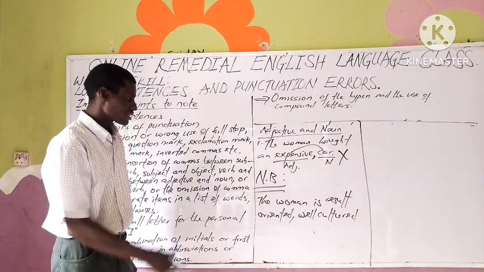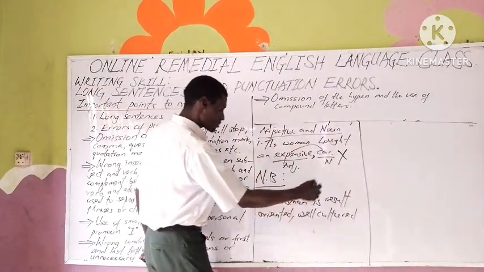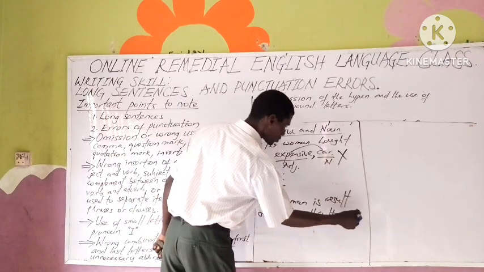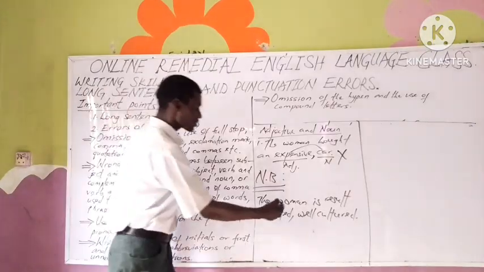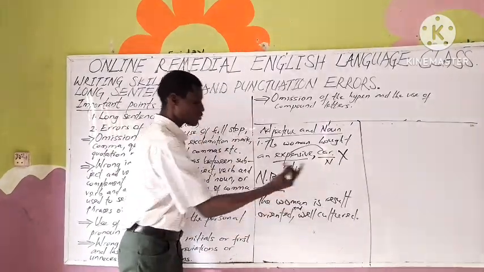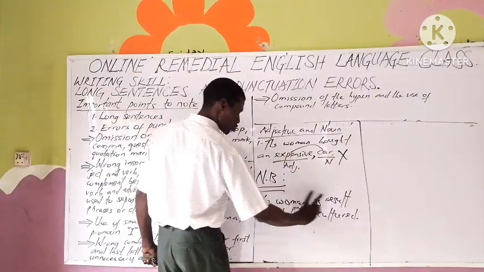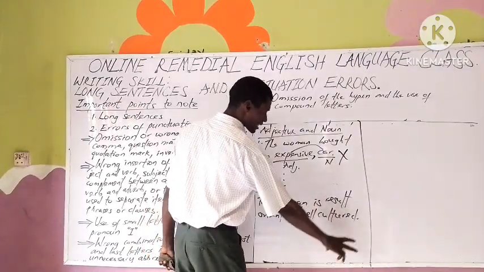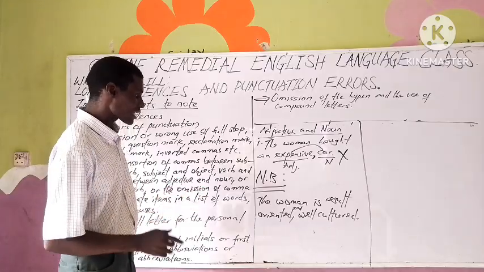Do you understand that this is absolutely correct? Absolutely correct. The woman is result-oriented, well-cultured, full stop. What are we supposed to have there? The comma is replacing and. We're supposed to have and. That is what has been said. So take note, we have two compound adjectives there, and it's not only for compound adjectives.